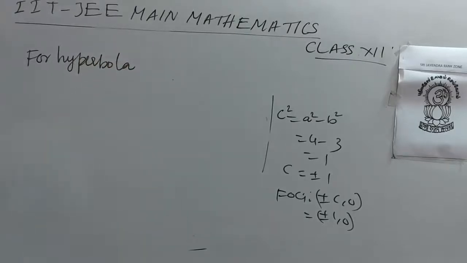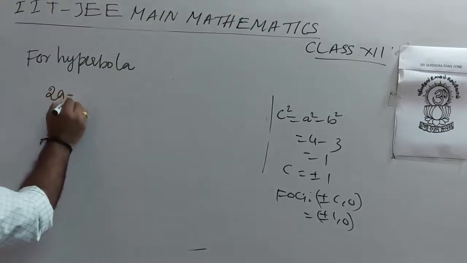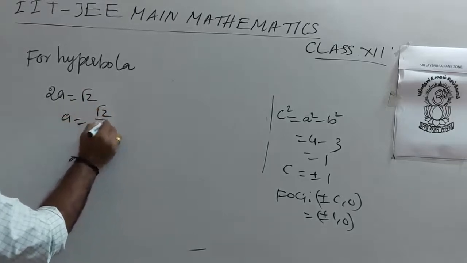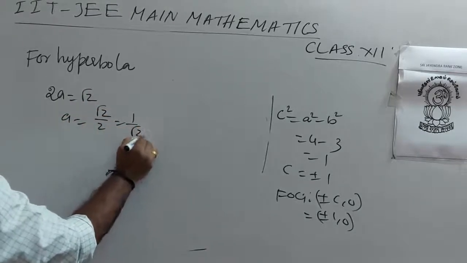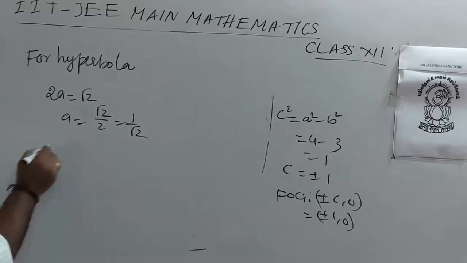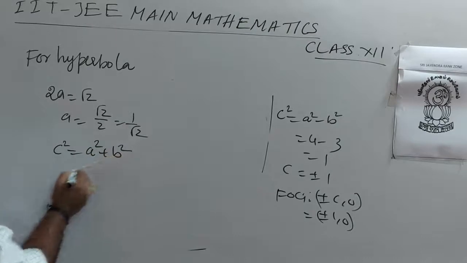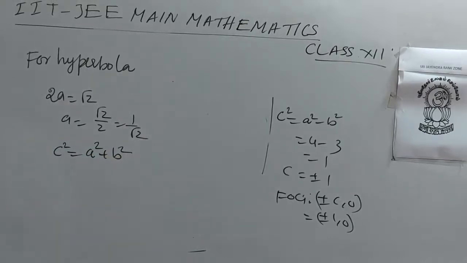For hyperbola, 2a equal root 2, a equal to root 2 by 2, that is 1 by root 2. Here c squared equal to a squared plus b squared. The same foci, so c equal to 1.